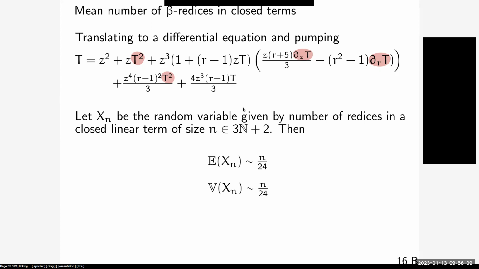So we should roughly think of something like a Gaussian with a mean of n over 24 for the number of redices. As we said, the number of redices was only a lower bound, and it was a crude lower bound because it can happen that I reduce a redex and it reproduces a new one, right?